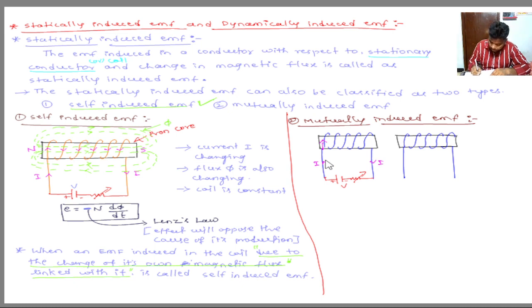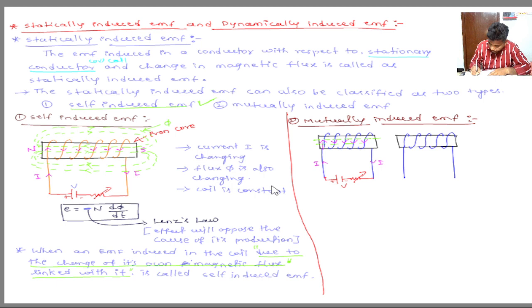When the current I is flowing like this, it produces magnetic flux.